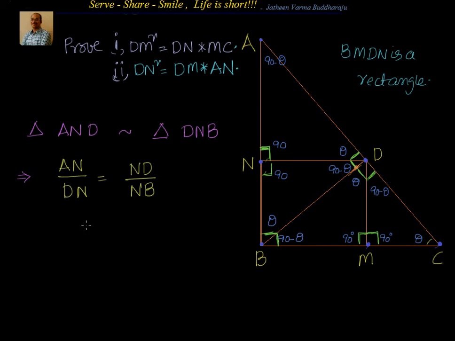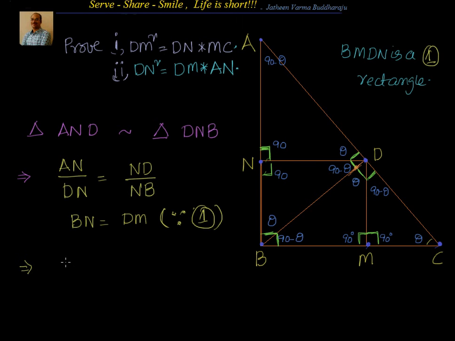Now we know that NB is equal to DM. We know BN equal to DM since BMDN is a rectangle. Let's refer to this as 1. BMDN is a rectangle.